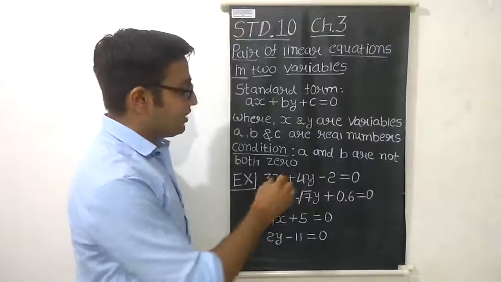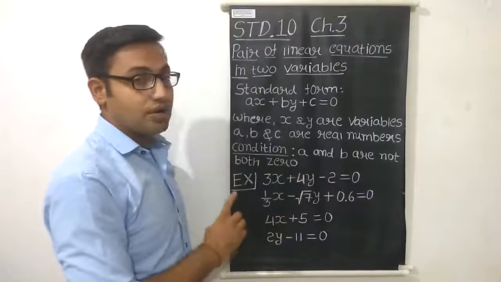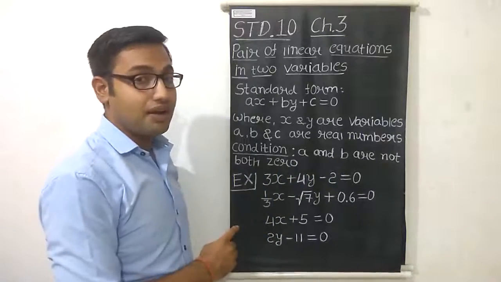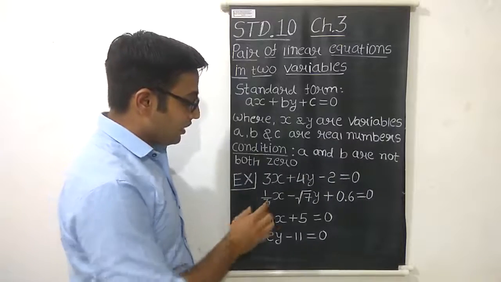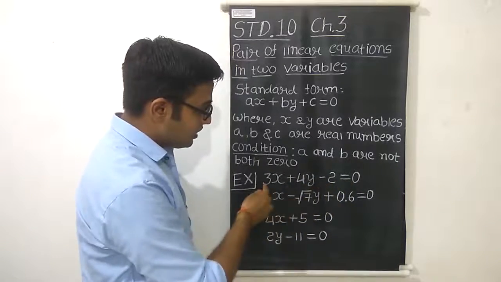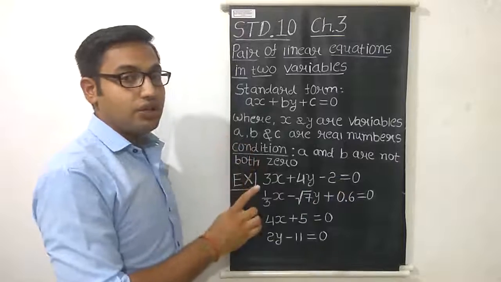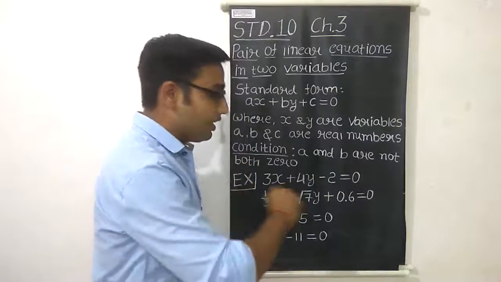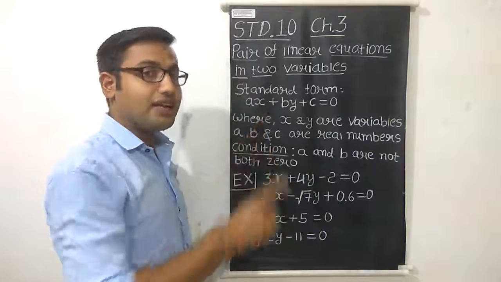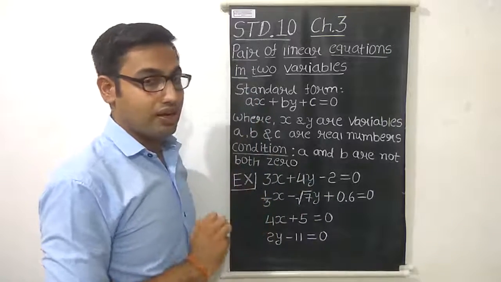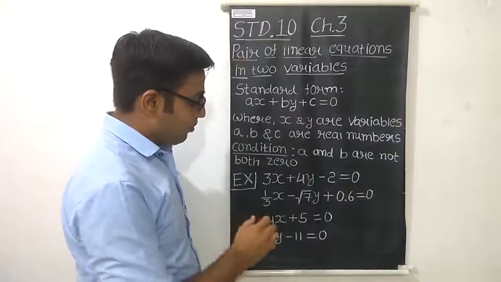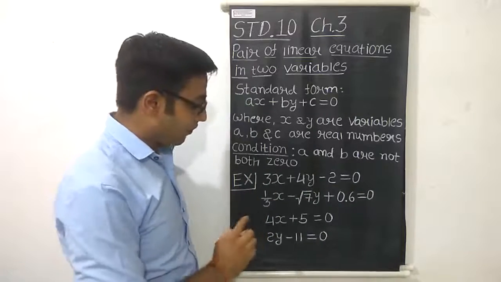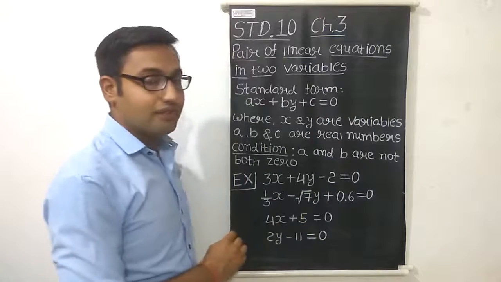So why should both not be equal to 0 at the same time? Because for this equation we can draw the graph on graph paper, and the graph of a linear equation is a straight line, that you know very well, right? Now what will happen if only one variable is there?